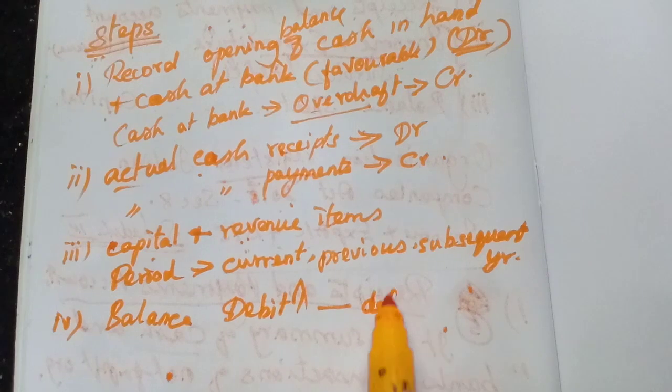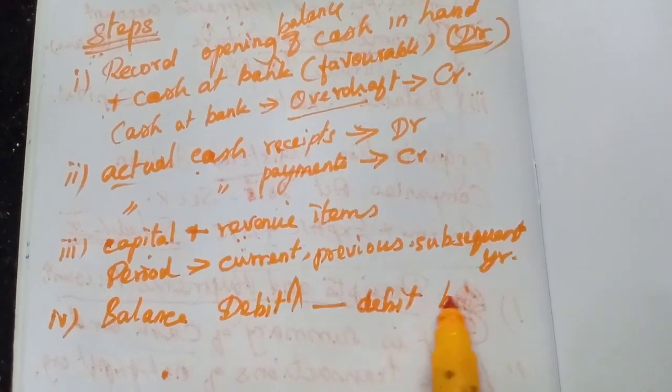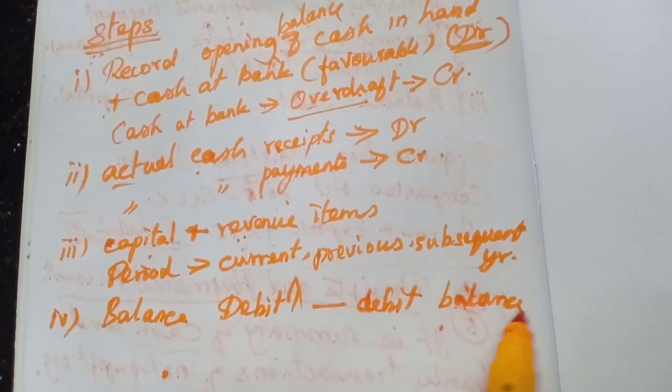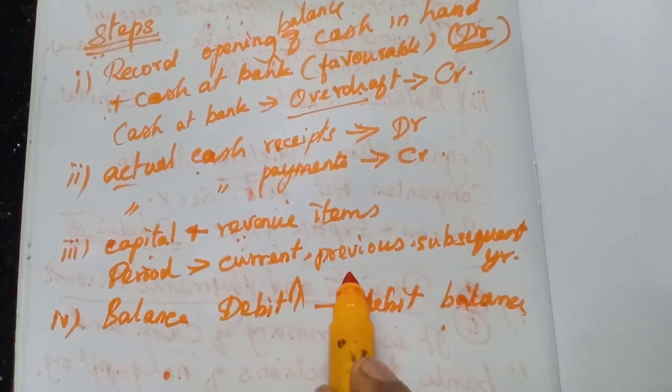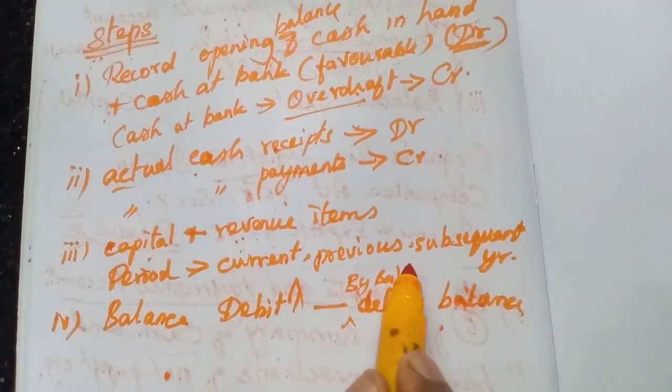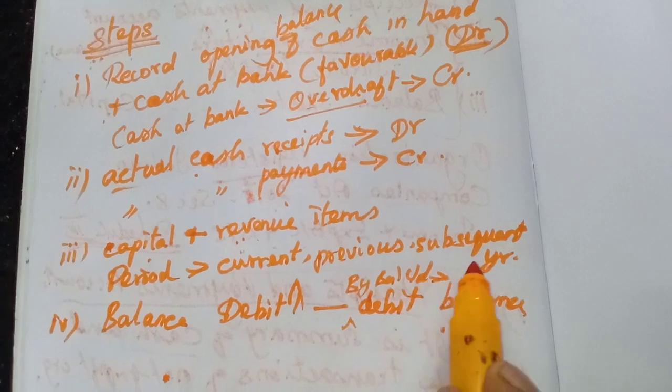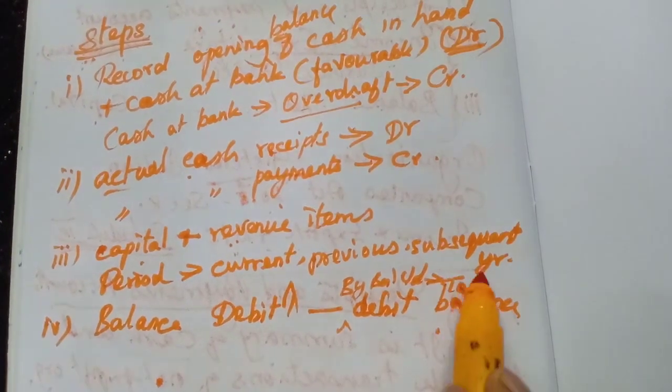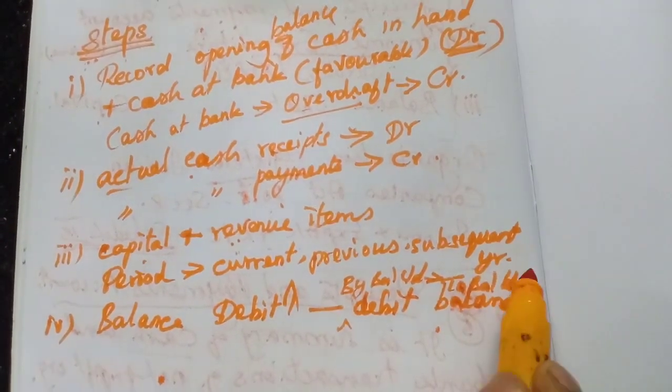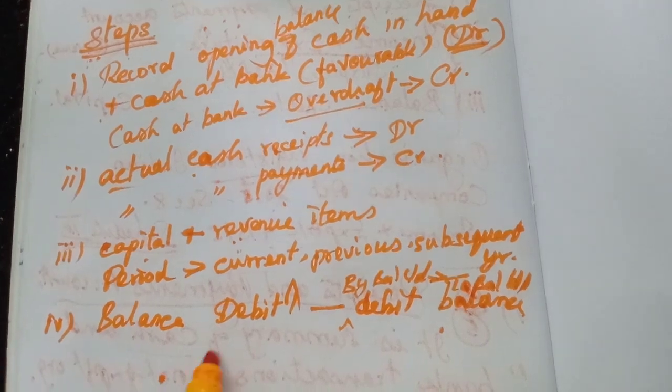We write the closing figure there by balance carried down. This will be written next year as balance brought down. That is what we call a debit balance.